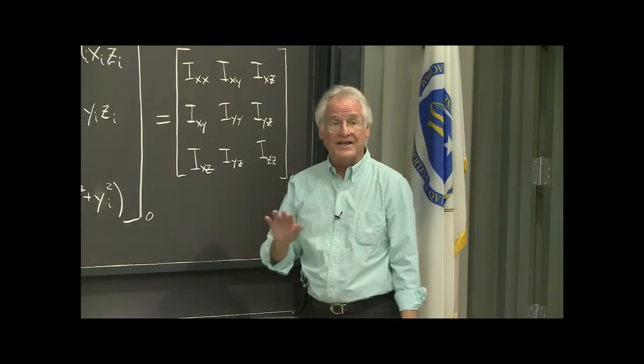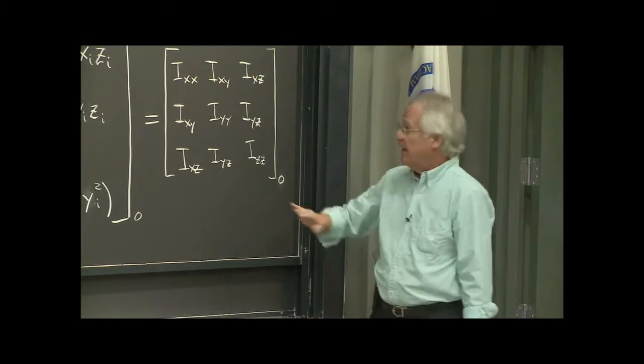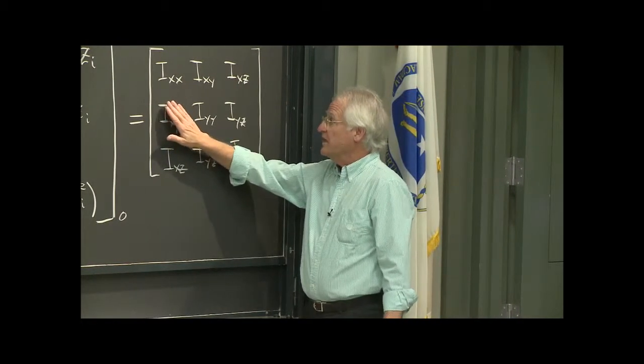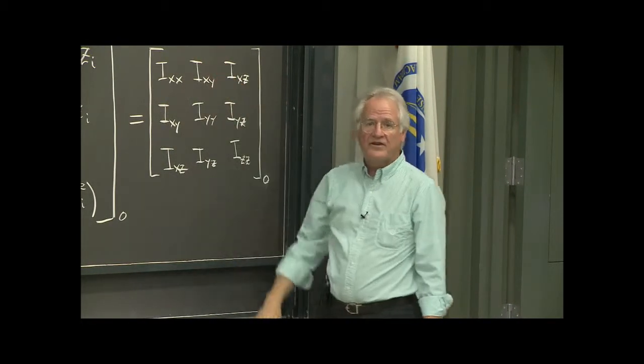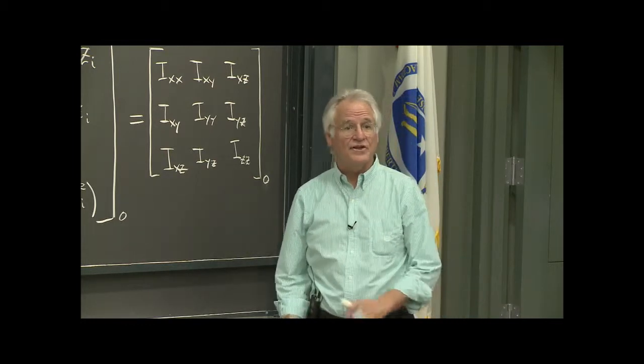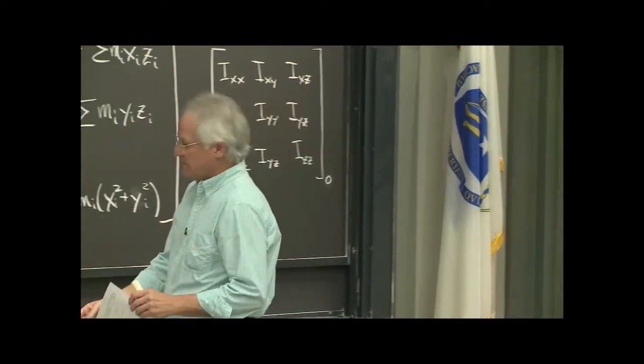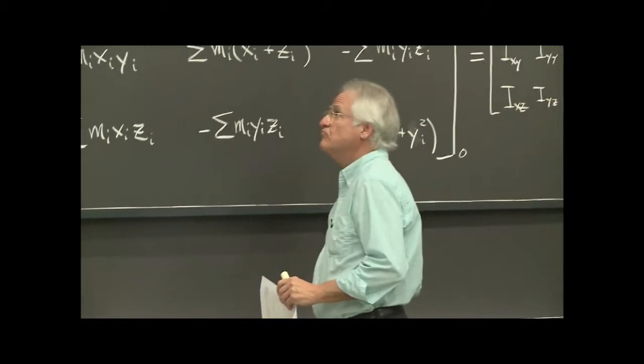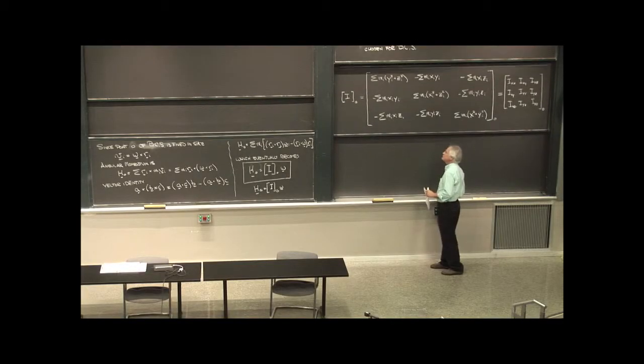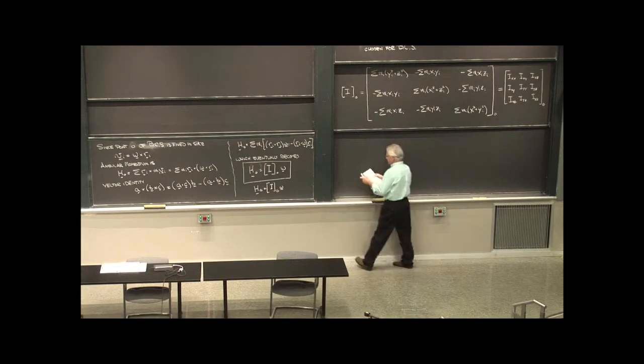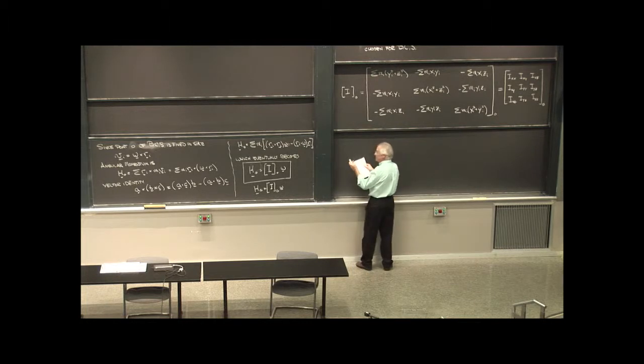So there's really only 6 numbers that matter. You can either take those 6 or this 6, and that'll do it. And this is the beginning of the next video segment.